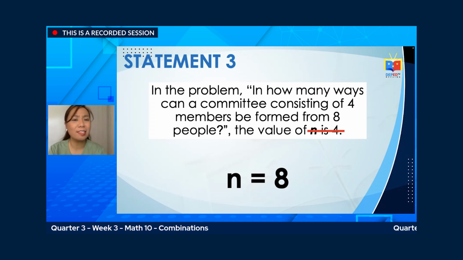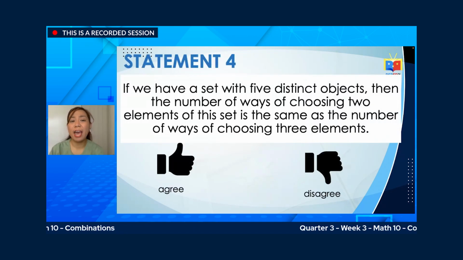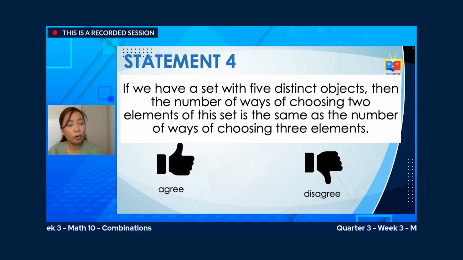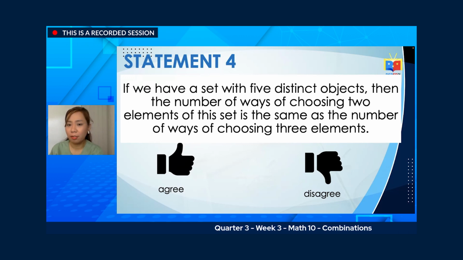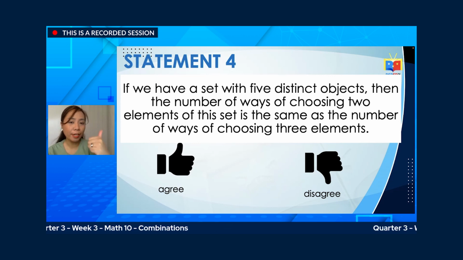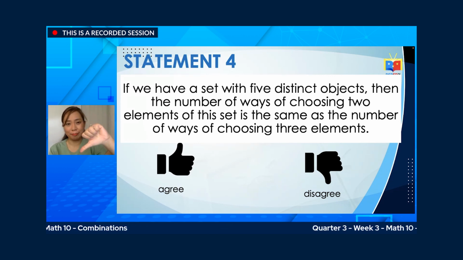And for our last statement, if we have a set of 5 distinct objects, then the number of ways of choosing 2 elements of this set is the same as the number of ways of choosing 3 elements. Is it the same, choosing 2 and choosing 3 out of 5 distinct objects? Agree or disagree?